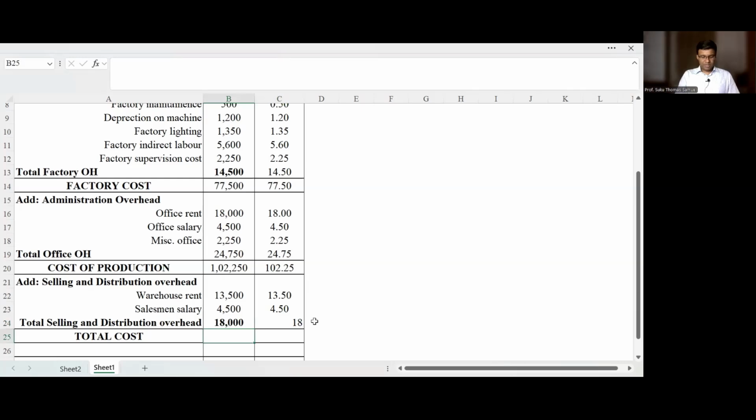Now we have to estimate the total cost. Total cost is the sum total of your cost of production plus selling and distribution overhead. That works out to be 120.25 per unit.